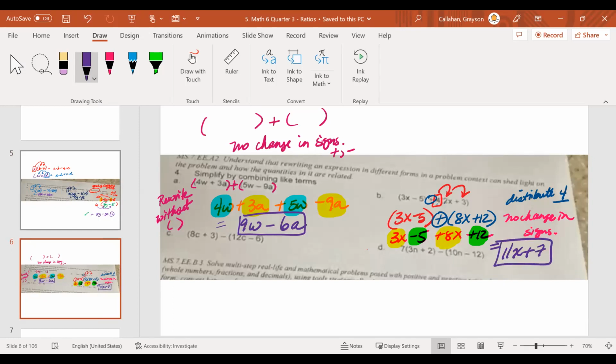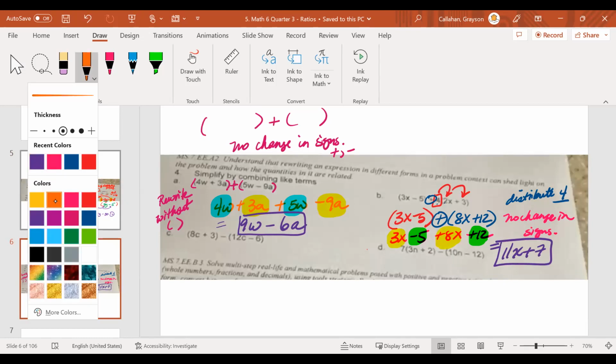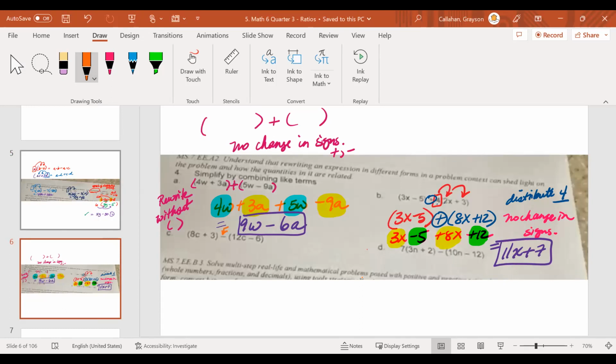Now let's take a look at C. What's different about C than A and B? Do you see the minus right there? If there's a minus, what that means is you have to change the signs to the opposite in the second parenthesis, okay?